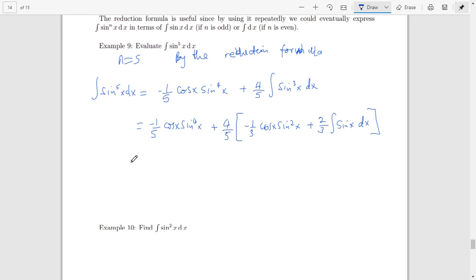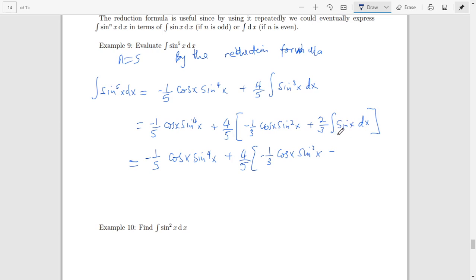Finally, this will be equal to minus 1/5 cosine of x sine to the power of 4x plus 4 over 5 into negative 1/3 cos x sine squared x. If I differentiate cosine, I get negative sine.